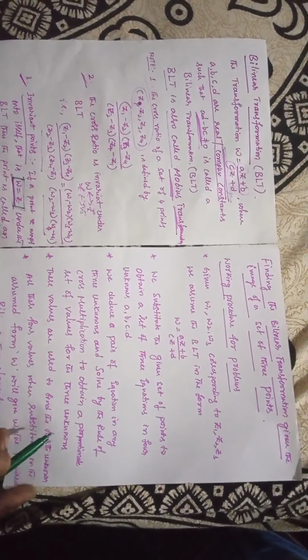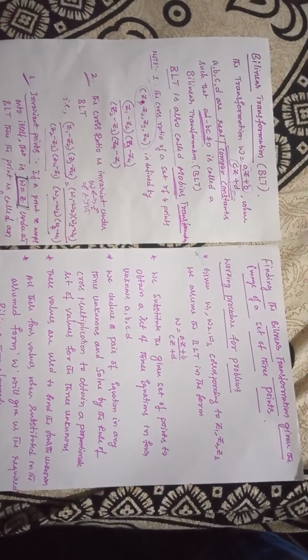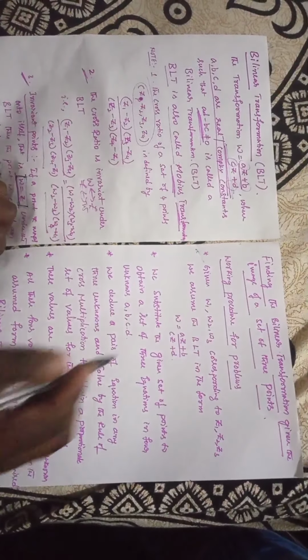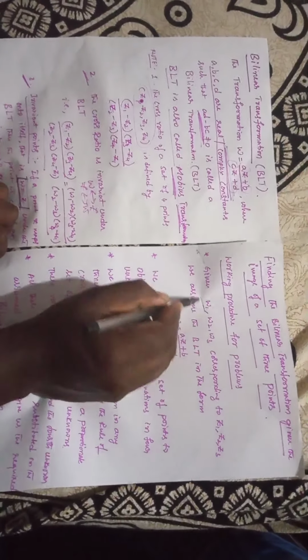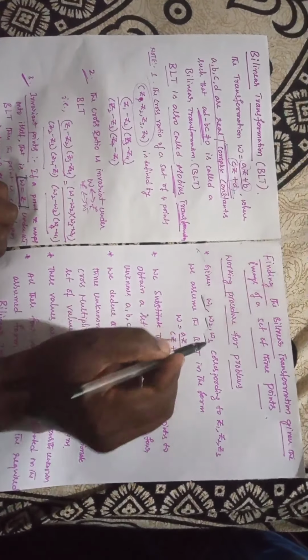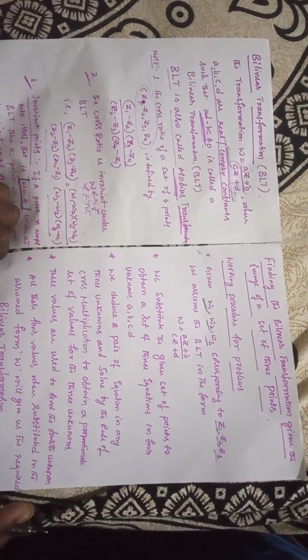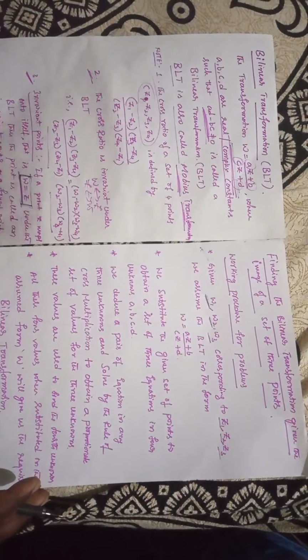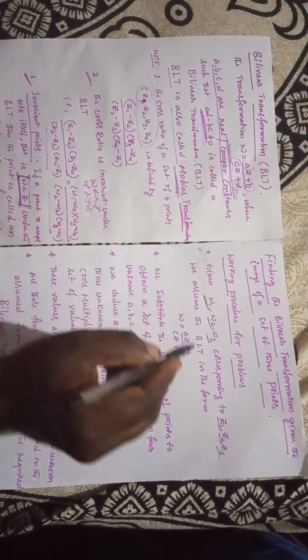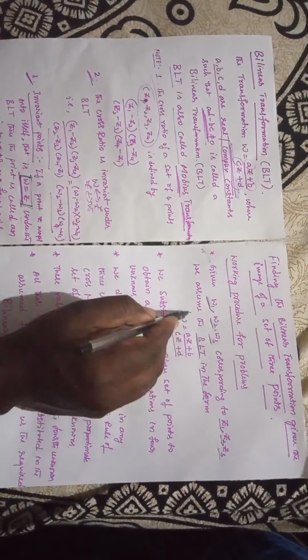First, the points are given, w1, w2, w3 corresponding to z1, z2, z3. So we assume the bilinear transformation in the standard form.